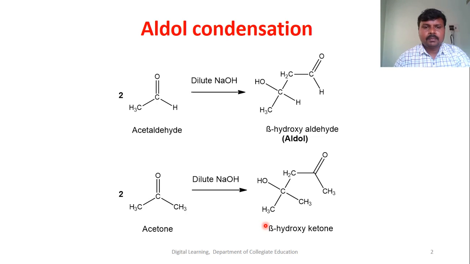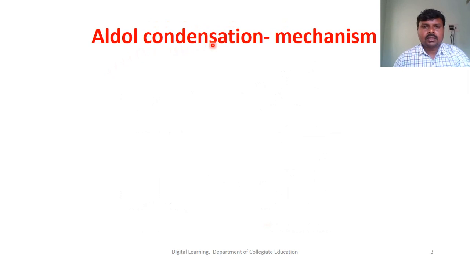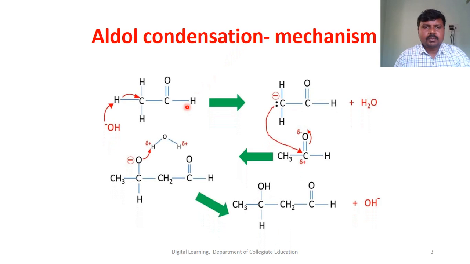Next we will see the mechanism of this aldol condensation. The mechanism of aldol condensation can be represented like this. In the first step, hydroxyl ion removes one of the protons from the alpha carbon atom to give carbanion.